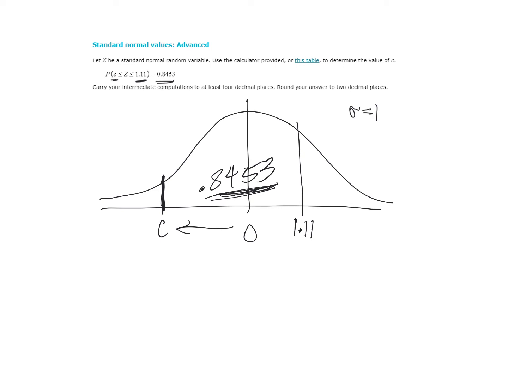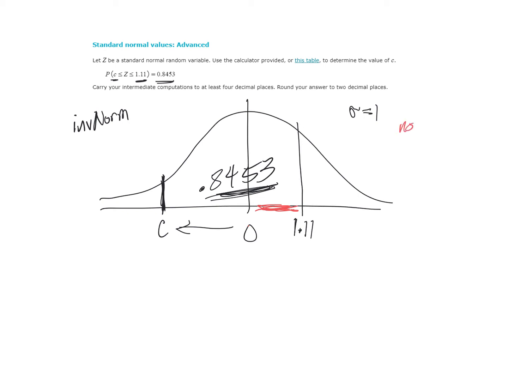All right, and you're going to be using something called inverse norm to help you figure this out. So let's see. The first thing I would do here is, and you can go about this different ways, but I think what I'm going to do first is find out what's this area between 0 and 1.1. I'm going to do that by going to my normal CDF.